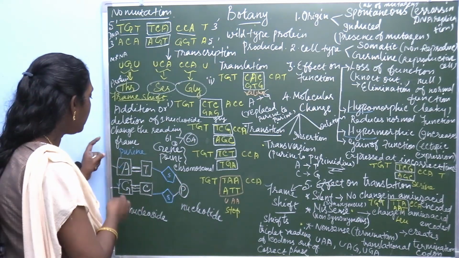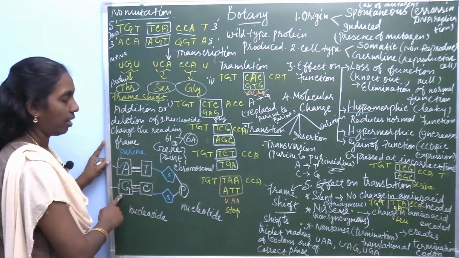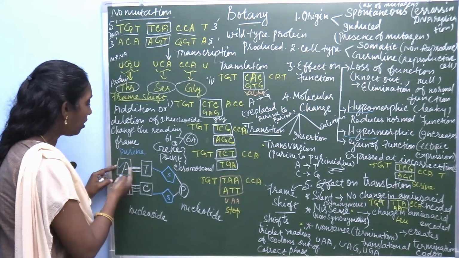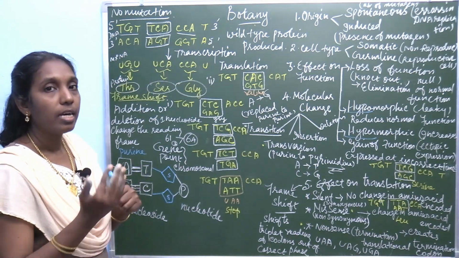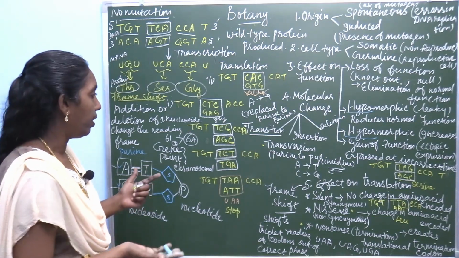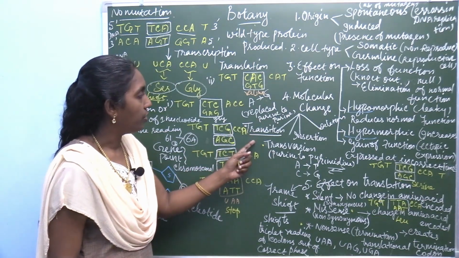There are two purines, adenine and guanine. So instead of adenine, guanine, or instead of guanine, adenine. This replacement is transition.